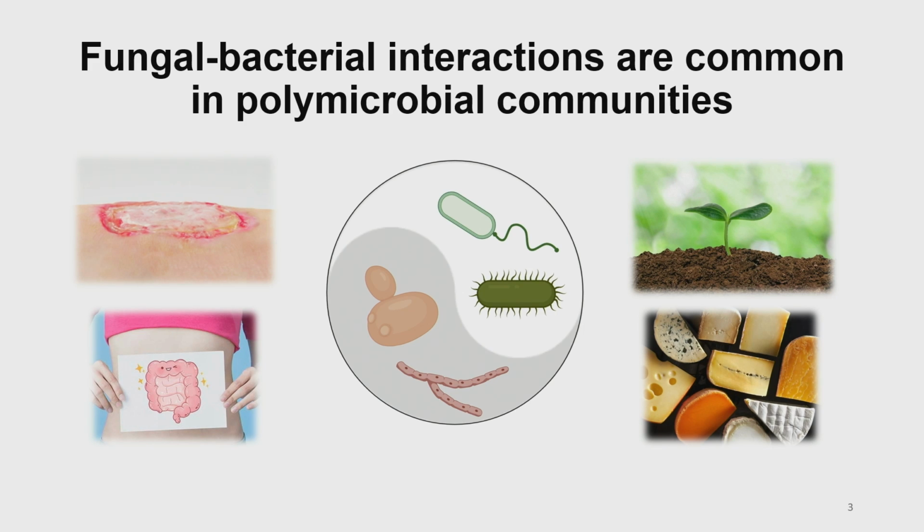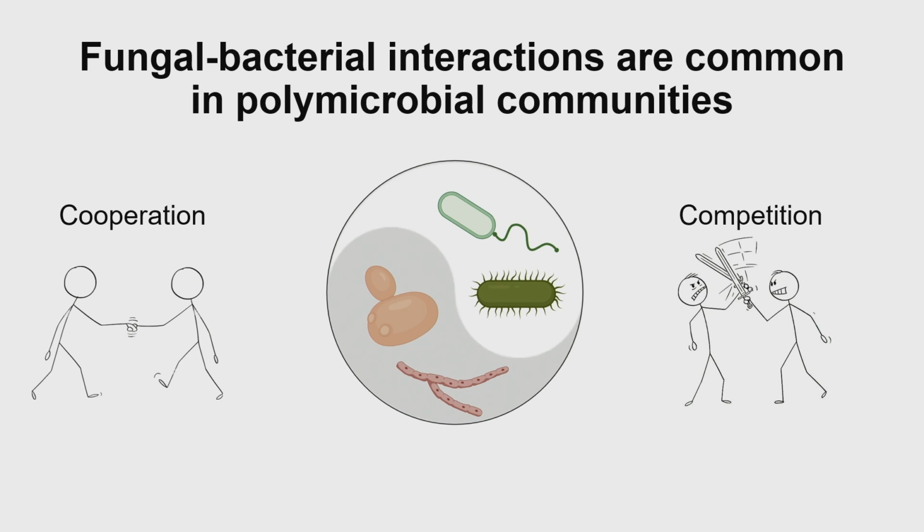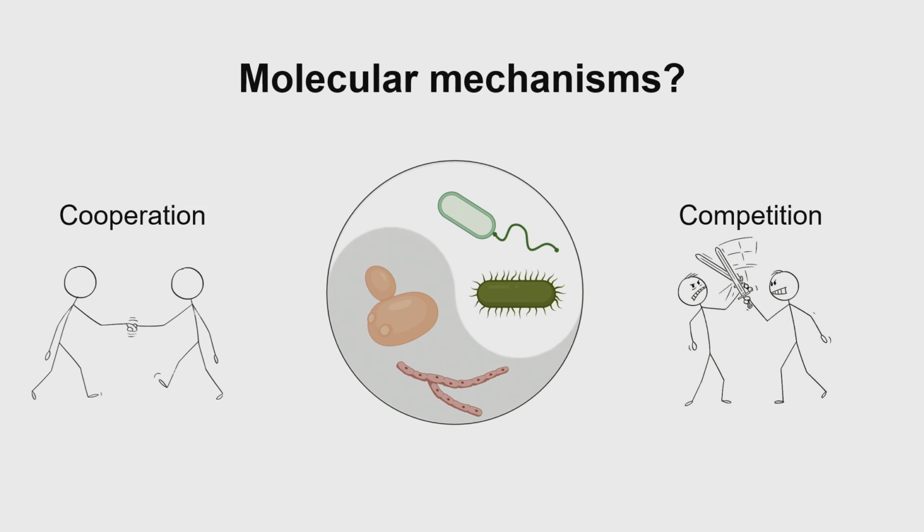In general, I'm very interested in understanding how fungi and bacteria interact. Both of them can form polymicrobial communities either surrounding us or on us. In those environments, they can either cooperate with each other or they can compete with each other. However, up to today, we actually know very little about how they interact at the molecular level.